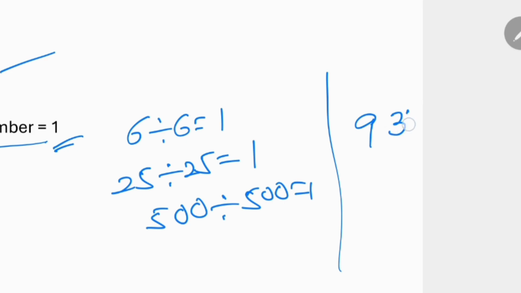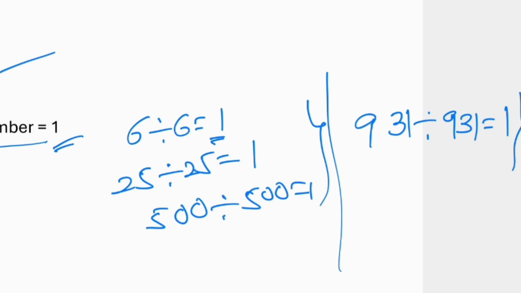And 931 divided by 931 is equal to 1. In all those cases, when a number is divided by itself, we get the answer 1.